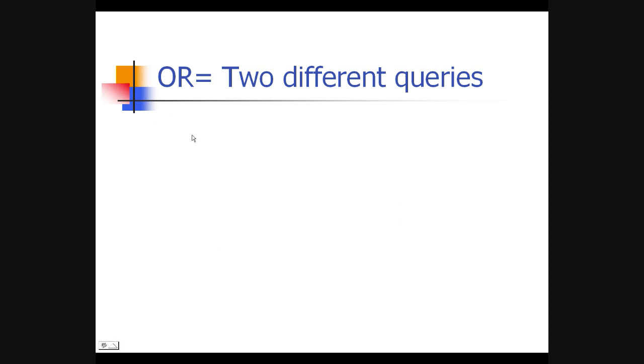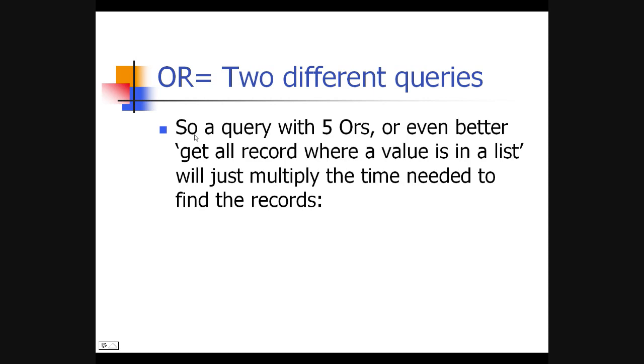Another consequence of that organization is that each time you're putting an OR in a query, you are in fact running 2 different queries. So a query with 5 ORs, or even better, a query like get all record where a value is in a list of value, which means is this value or that value or this value or this value, will just multiply the time needed to find the records.